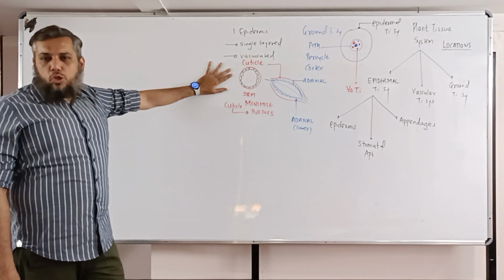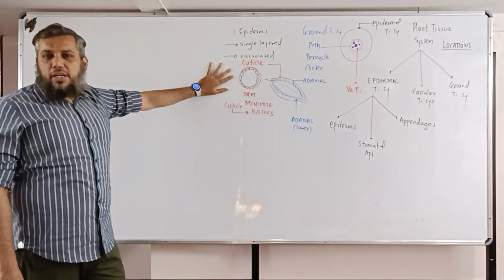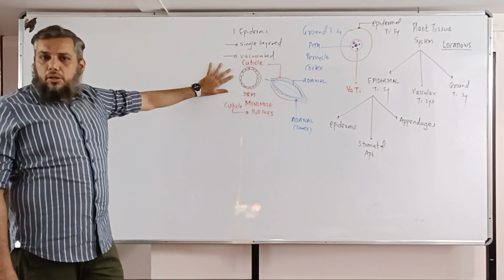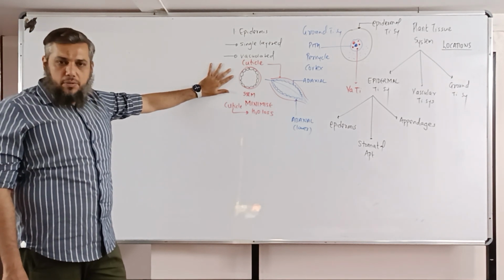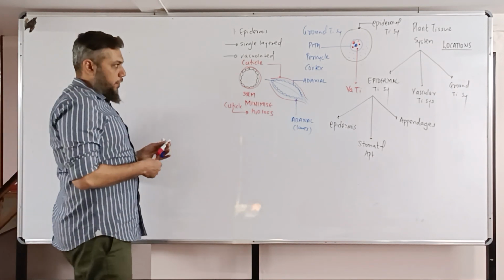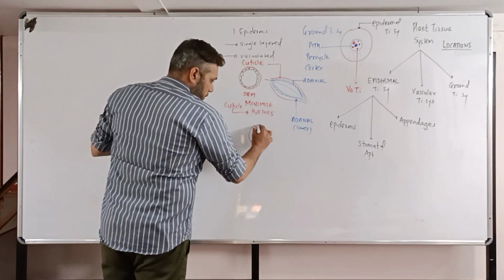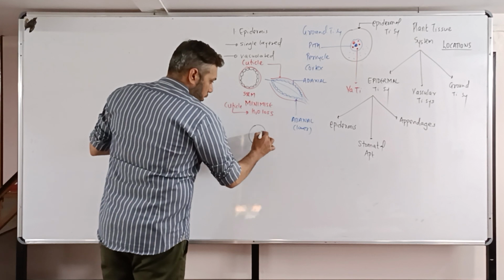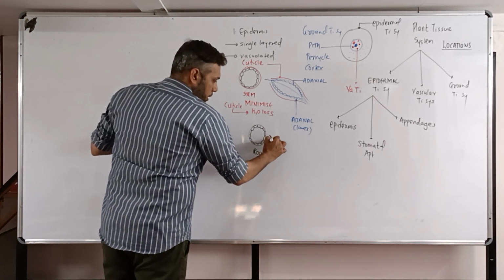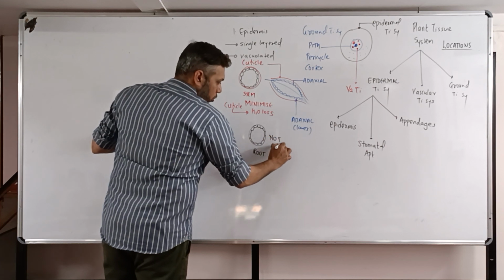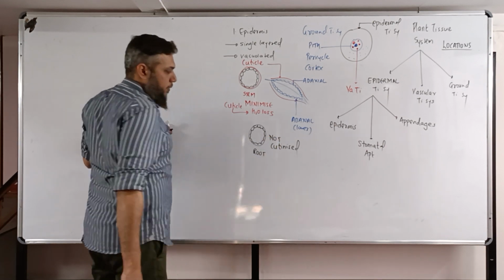Okay, so what is the stem and the leaf covered by? Cuticle, and this cuticle will minimize the water loss by transpiration. If you take a TS of a root, even the root will show the presence of an epidermis, but it is non-cutinized.